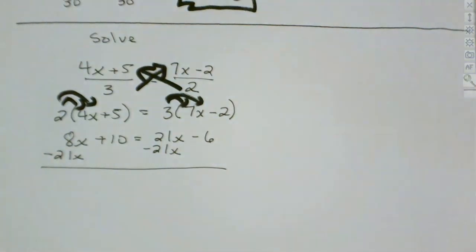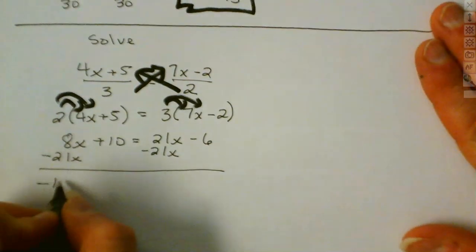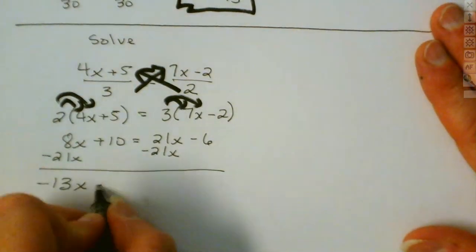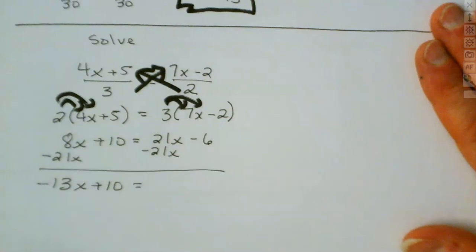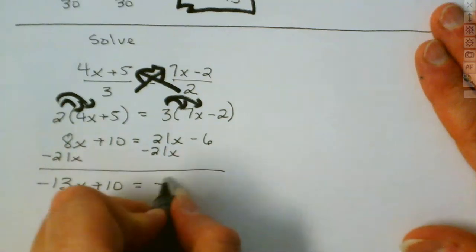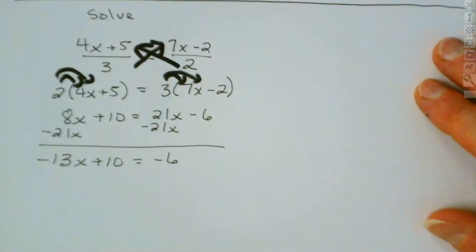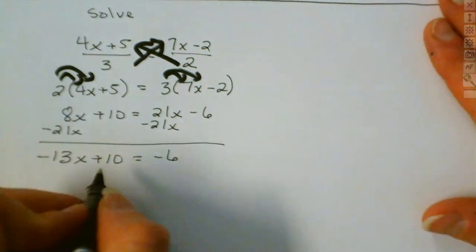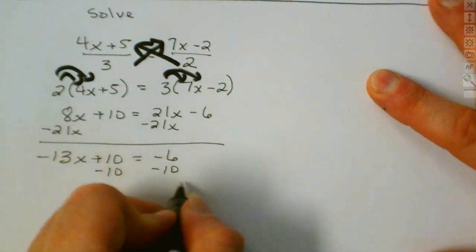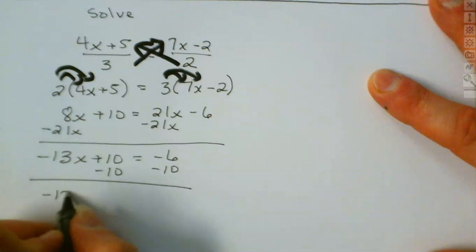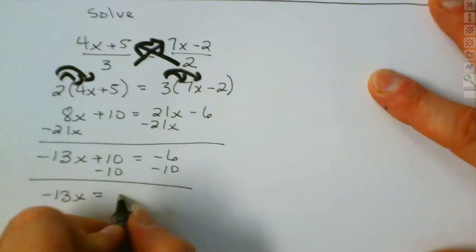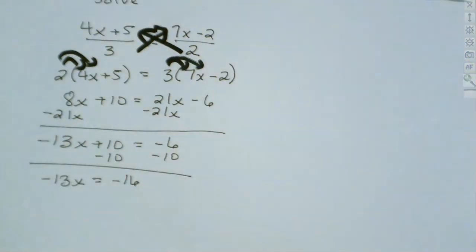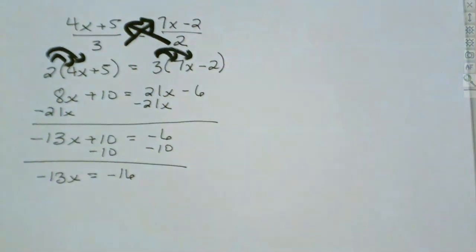It's a larger number. So my answer is going to be negative. In this case, it's a negative 13. And then that's still plus 10 equals a negative 6. And my next step would be move the 10 over. And minus 13x equals now minus 16. And I'll slow down a bit. What's my last step here going to be?